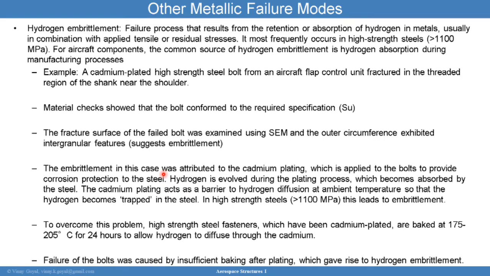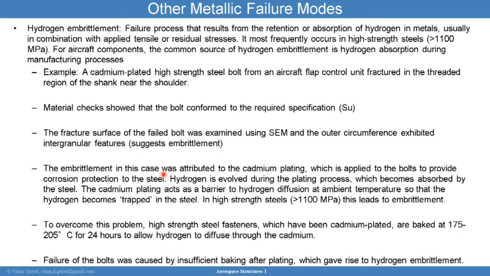And so the cadmium plating acts as a barrier to hydrogen diffusion at ambient temperature so that the hydrogen then becomes trapped in the steel. So this is very interesting because in this case, we're protecting this particular steel from a corrosion environment by applying this cadmium plating.